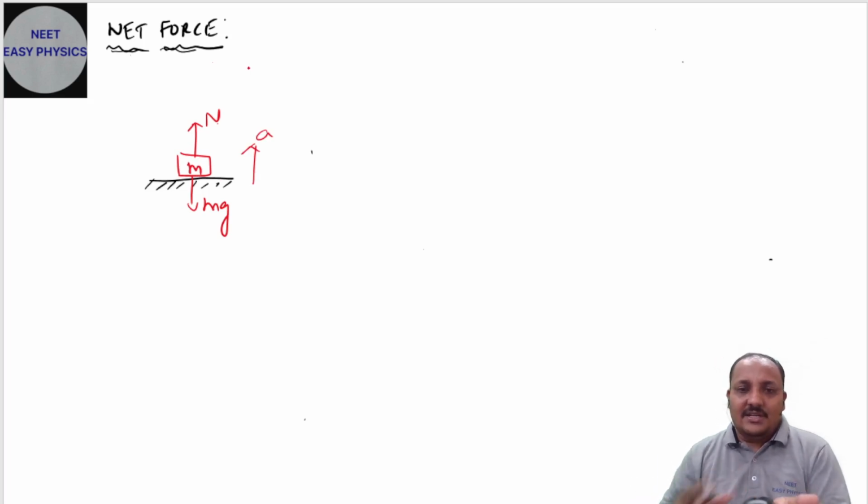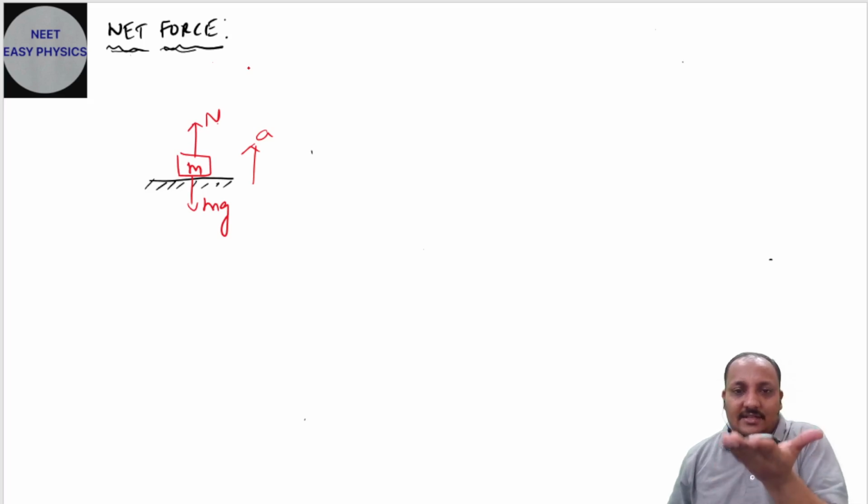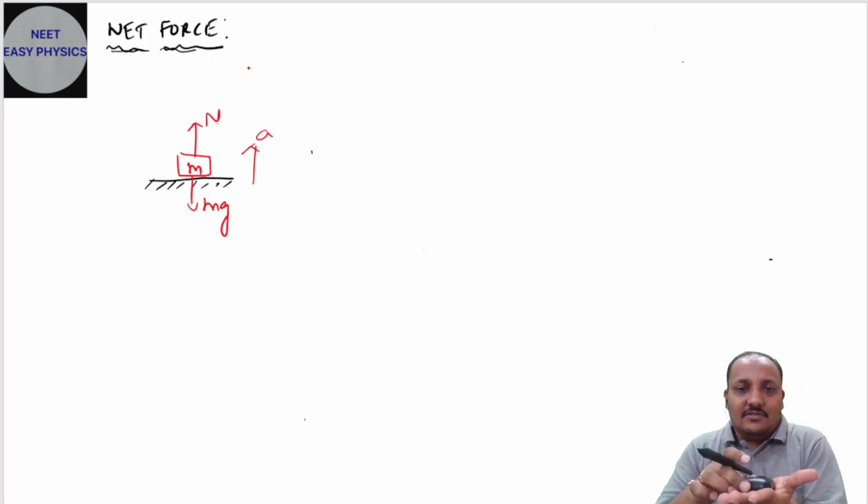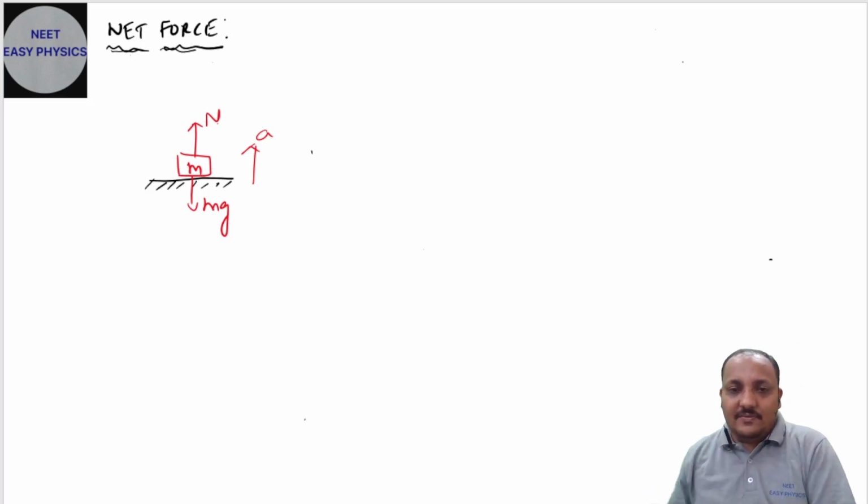Now this is the object. Let us assume we are bringing this object upwards. At that time, the force applied by my hand is more than the gravitational force, which acts downwards. Correct? Therefore, the resultant force is N, which is greater than mg if it is moving upwards.